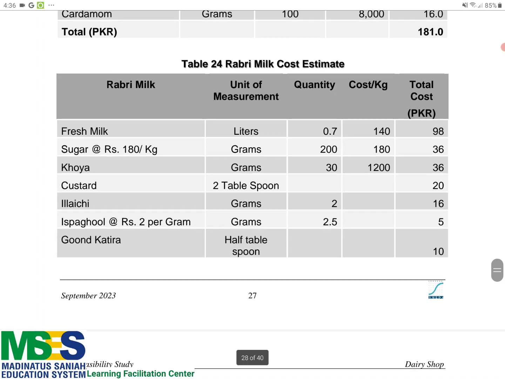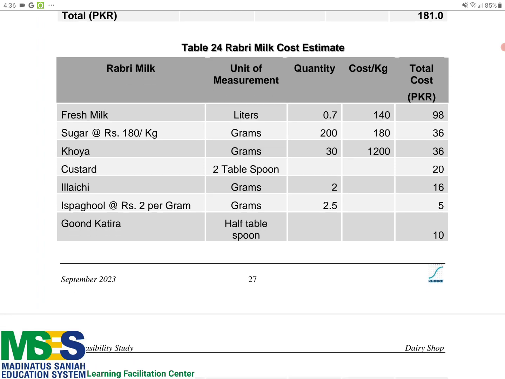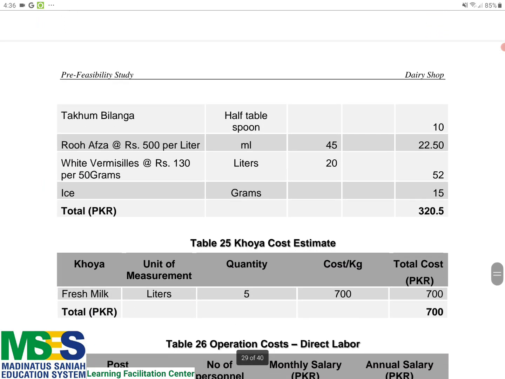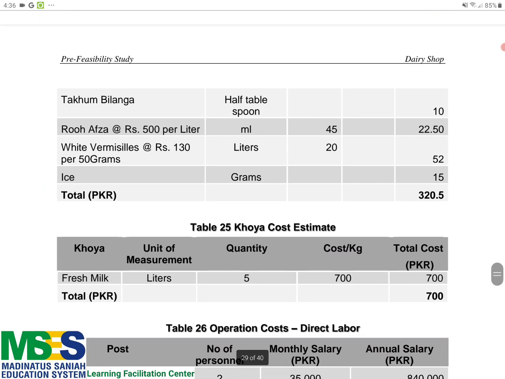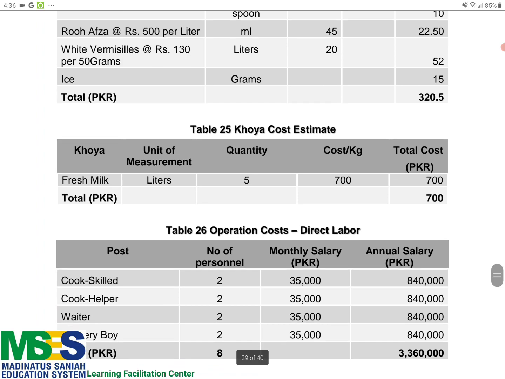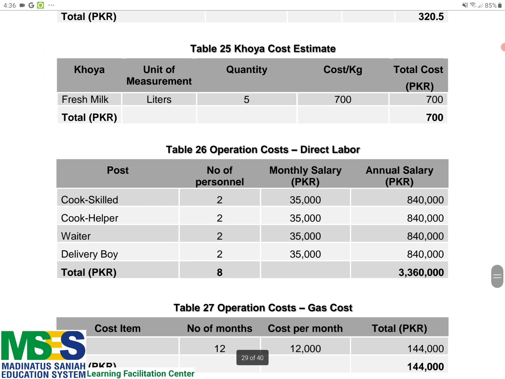You would need fresh milk, sugar, khoya, custard, elaichi, spagol, Gond Katira, Rooh Afza, white vermicelli, savaiya. So they've given you all the distributed costs of running the shop.